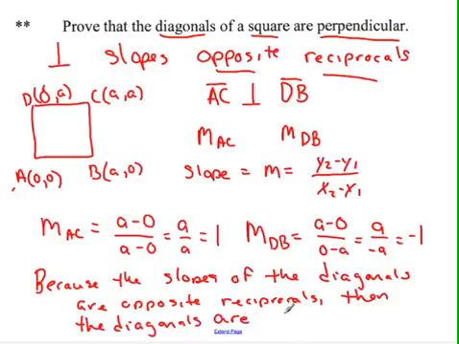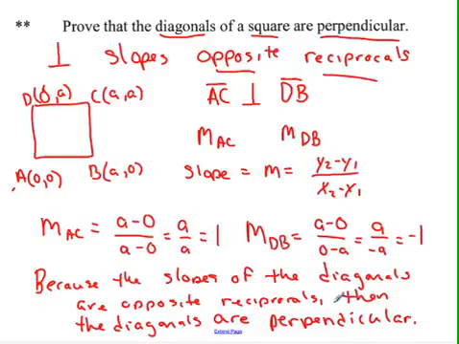Well, I'm trying to prove that the diagonals of a square are perpendicular. Okay, so there's what my sentence is. Because the slopes of the diagonals are opposite reciprocals, the diagonals are perpendicular.